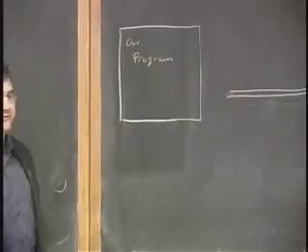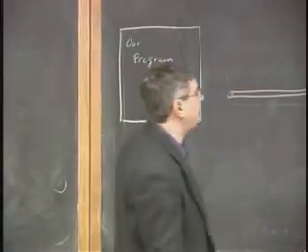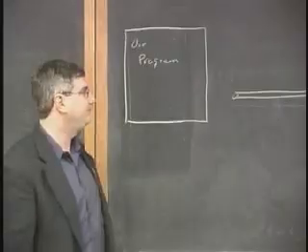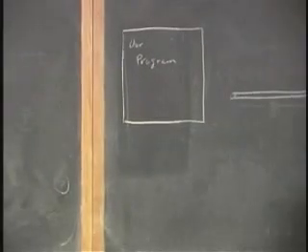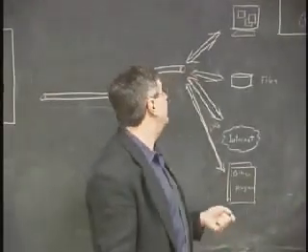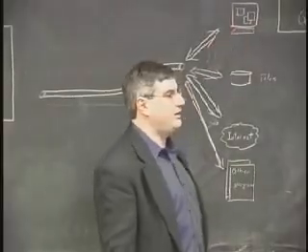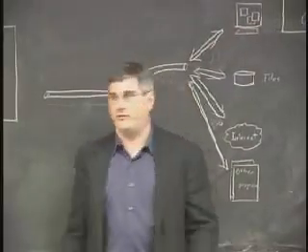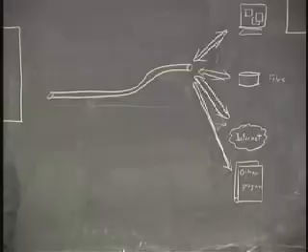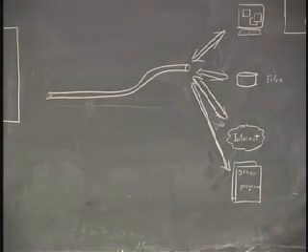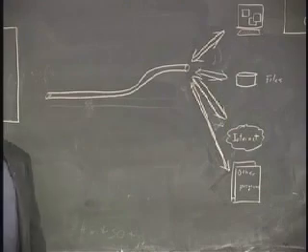And we want to get data into and out of it. One question is, where does the data come from, or where does the data go? It can come from a terminal, which is essentially the Xterm or console window that you would have on your PC, on your screen.